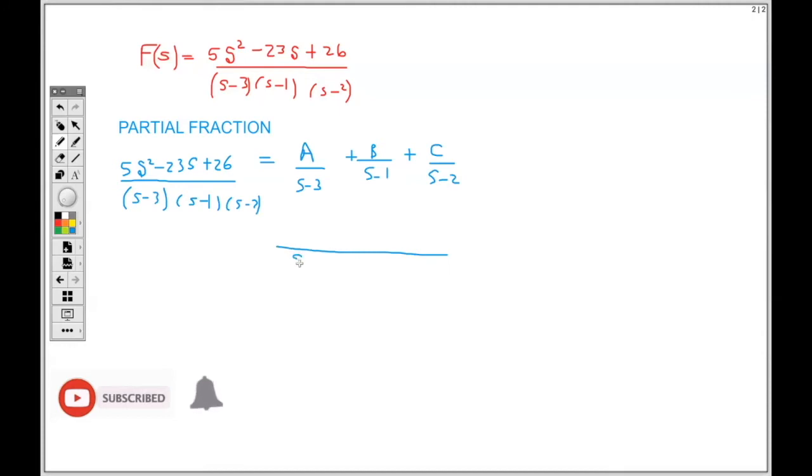Now, the LCM for this will be s minus 3 times s minus 1 times s minus 2.